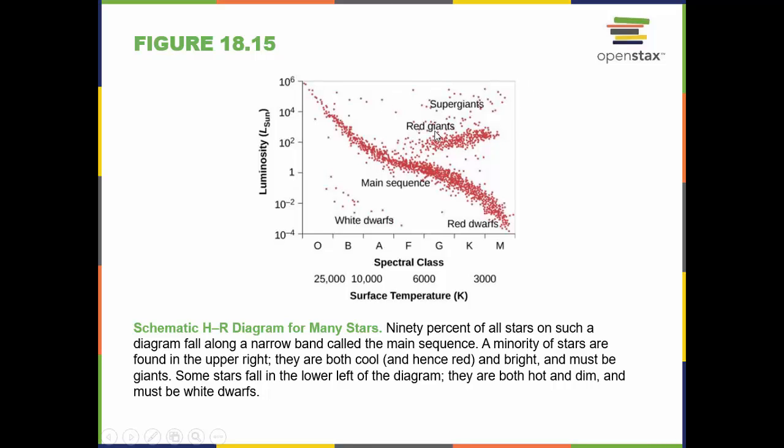So they're cooler and brighter than the stars, and therefore they have to be giants. And some of the stars fall in this little lower left portion of the diagram, so they're off the main sequence, and they're both hot and dim, and they must be white dwarfs.